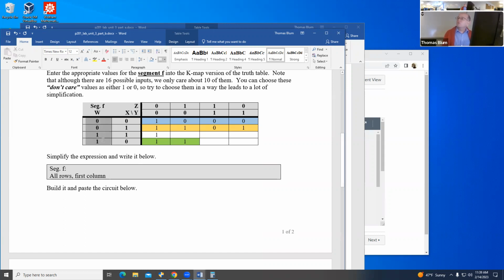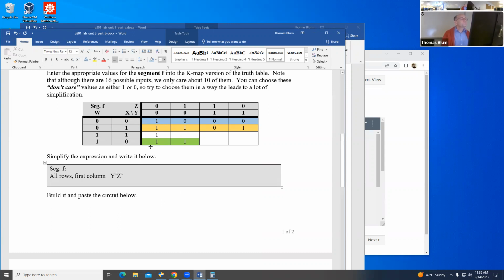W was sometimes 0 and sometimes 1. X was sometimes 0 and sometimes 1. Y and Z were always the same. They change from one column to the other, but I'm only ever in the first column, and they're both 0s. So that is Y prime Z prime. And I've taken care of these guys. They're allowed to be in other groups, but they are accounted for.